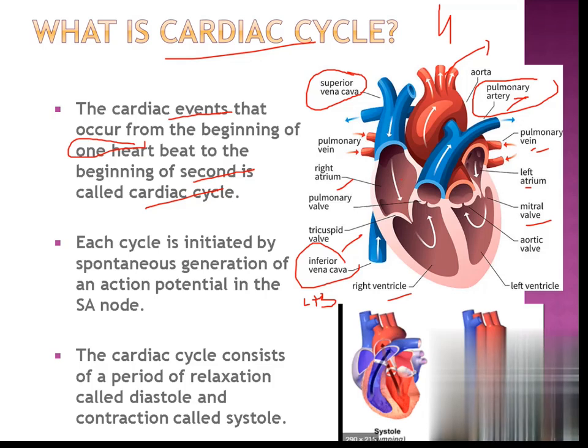All of these events together are known as the cardiac cycle, as they go on in a repetitive manner. These events occur continuously with the continuous heartbeat one by one. So that's why it is known as a cycle.